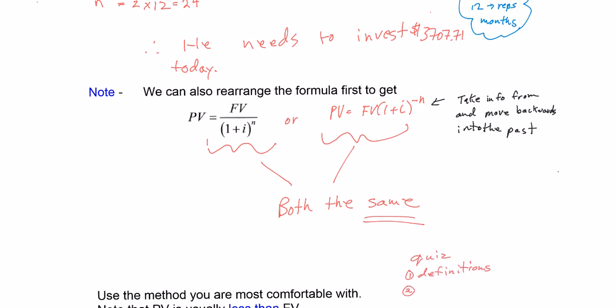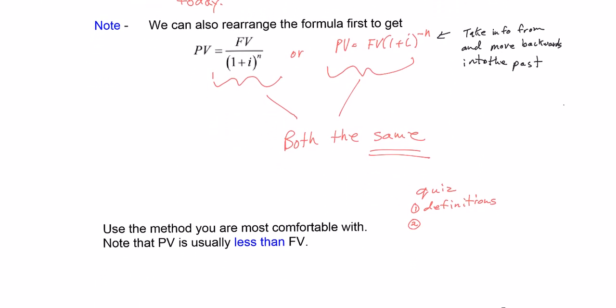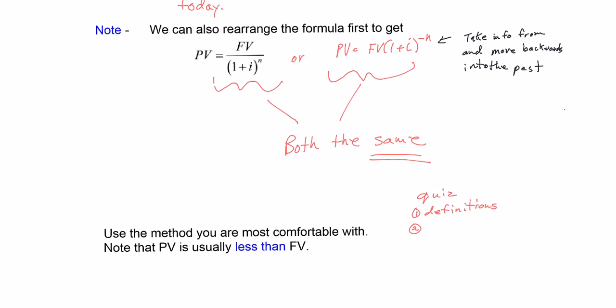On this test, you are actually going to create your own problem this time. You're going to create your own present value word problem. And then 3, you will solve that word problem.